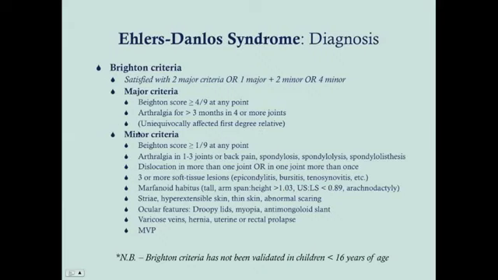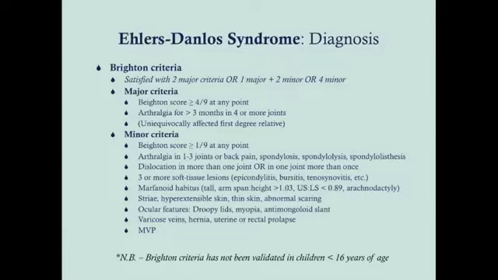Like I said, an affected first-degree relative isn't technically considered a major criteria under the Brighton criteria, but it fits mathematically because if you have an affected first-degree relative plus 2 minor criteria, that satisfies the Brighton criteria. The minor criteria include a Beighton score of greater than 1 out of 9 at any point, arthralgia of 1 to 3 joints, or back pain, spondylosis, spondylolysis, or spondylolisthesis.